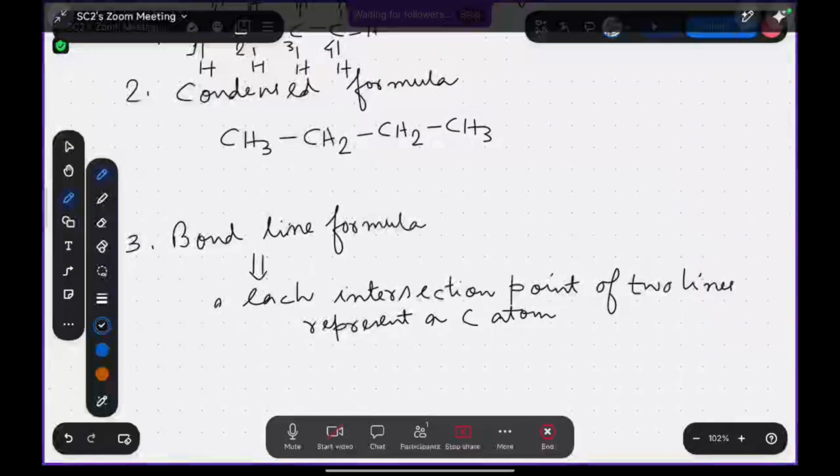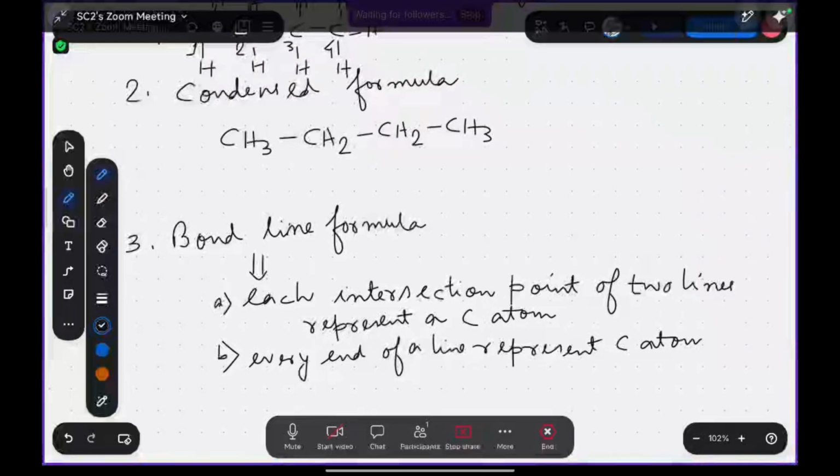This is one thing. And the other point you need to remember is that every end of a line represents a carbon atom. Remembering these 2 points will be enough to understand the bond line formula.